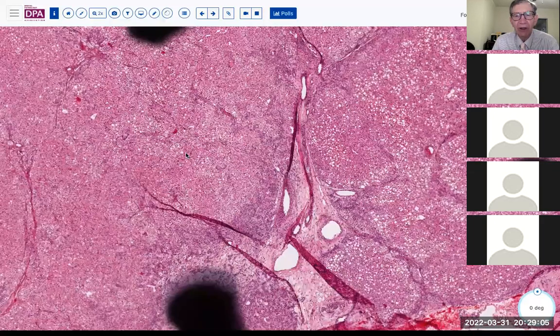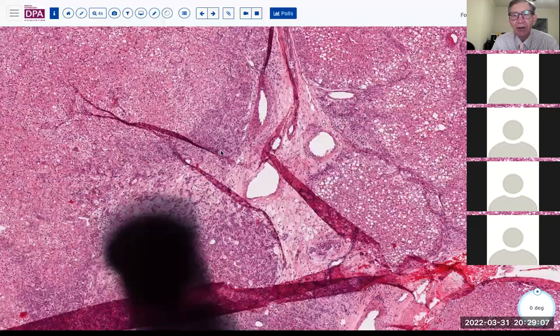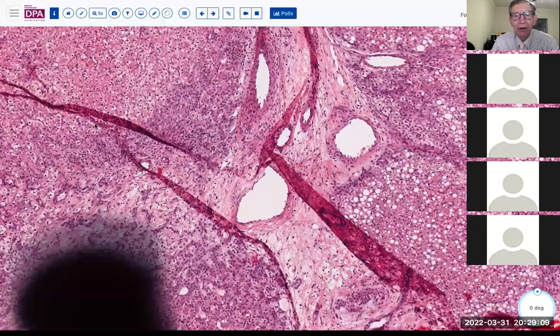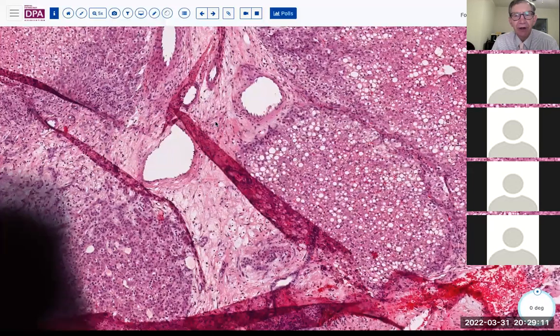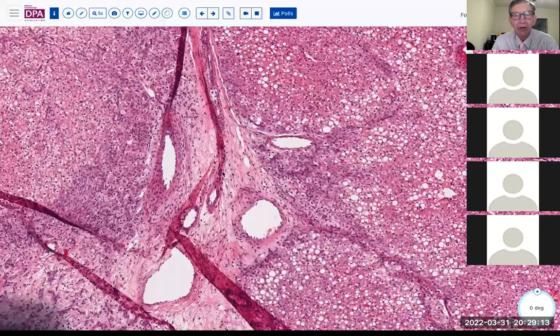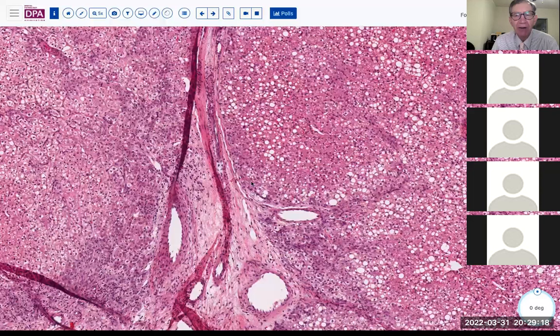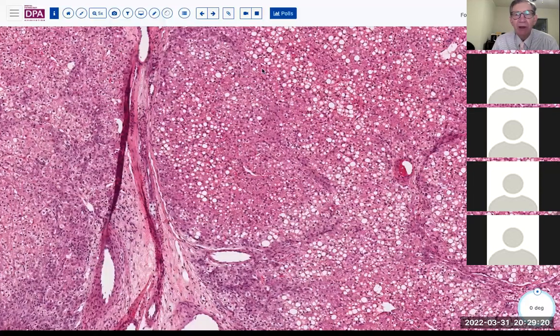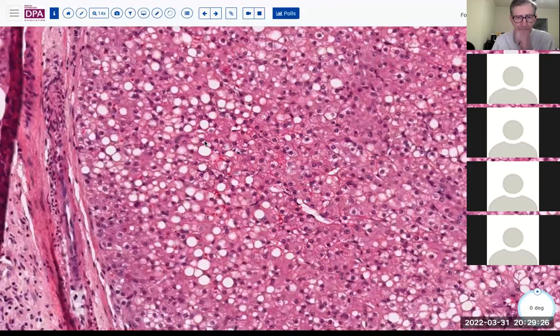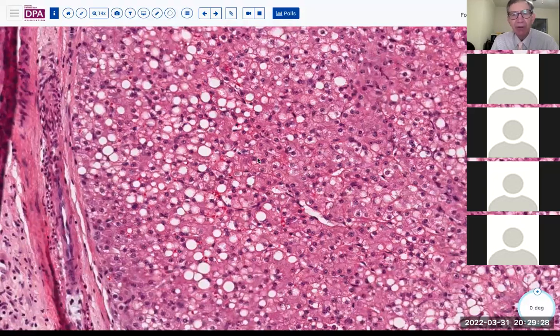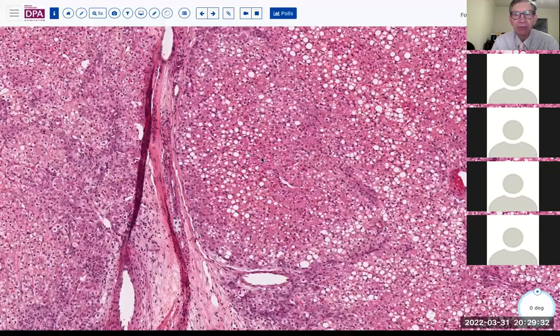And again, we see that there's no biliary component to it. So not everything that lacks bile ducts is an adenoma. As we mentioned, sometimes you can get fatty changes in these nodular hyperplasias. And there may be a little bit of atypia associated with it, usually not serious.